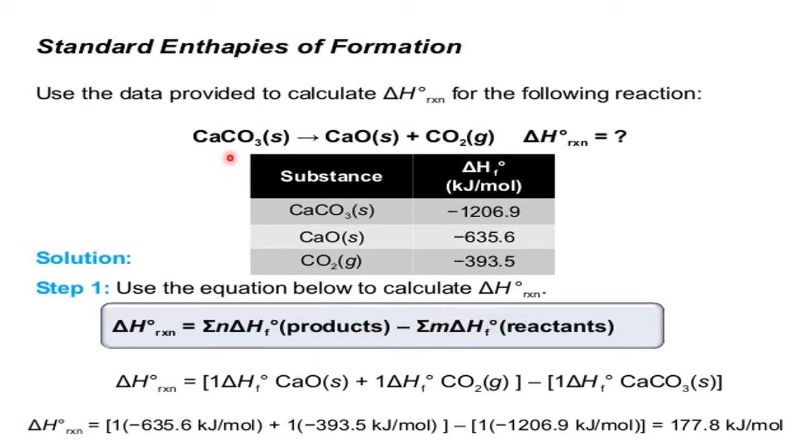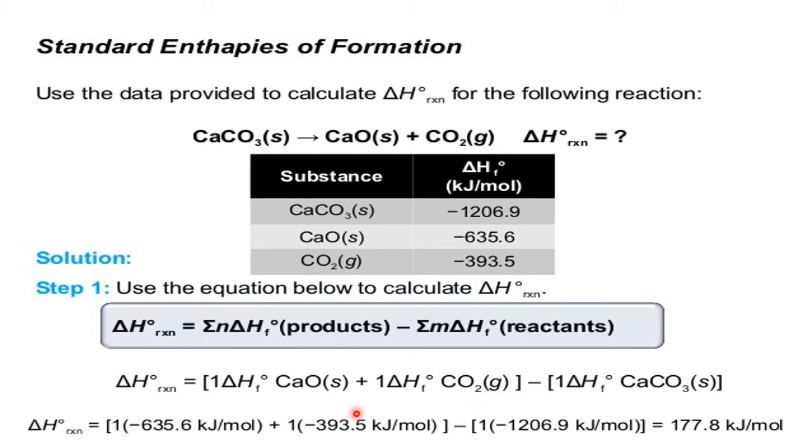What is the equation here? CaCO3 gives CaO plus CO2. First we will calculate the total enthalpy of the products. CaO and CO2 values are given in the examination, so they are added together; this is the total amount. Then minus the reactants. The reactant is only one, and that is given as minus 1206.